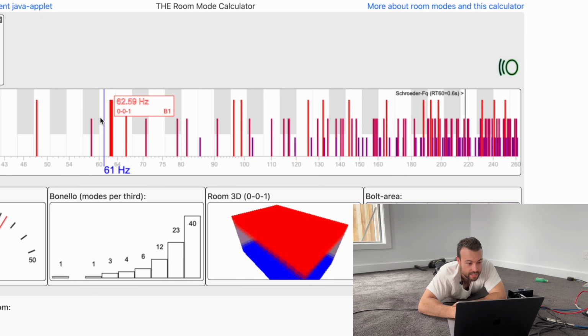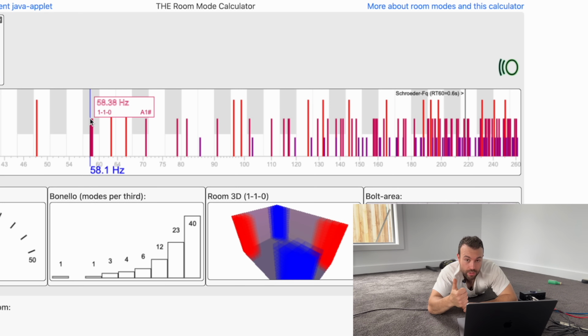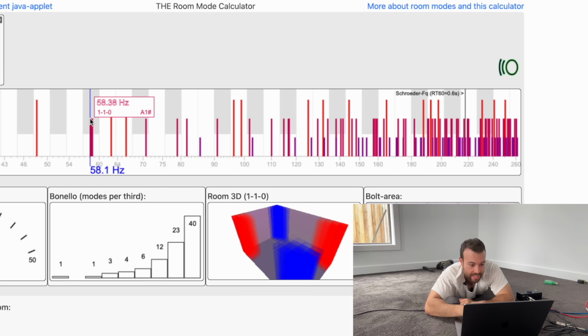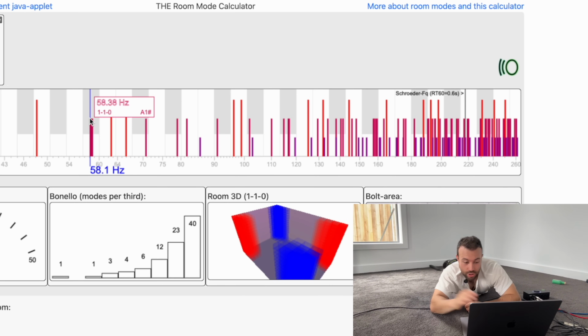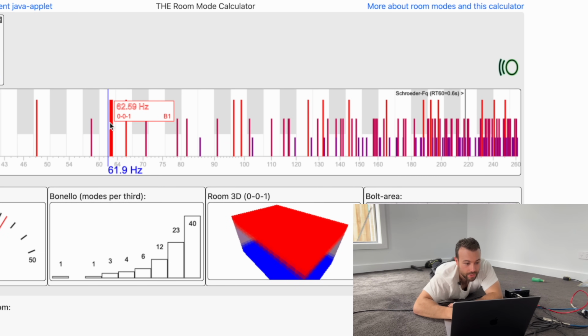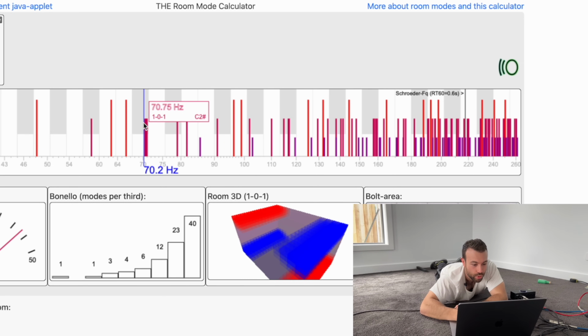But what's crazy is, those are your axial modes. As you go to your tangential modes, so tangential are between two surfaces, not one, they start to build up in the corners, not the flat surfaces, the corner ones we can see there. Again, there we go, tangential, 101 in the top corner and bottom corner.